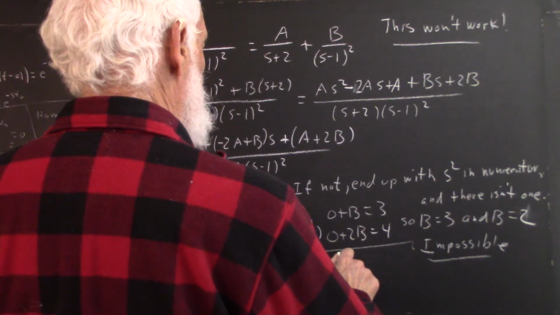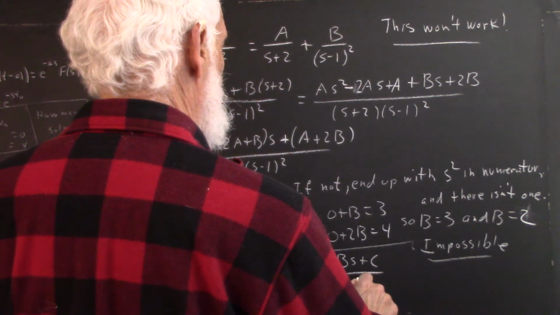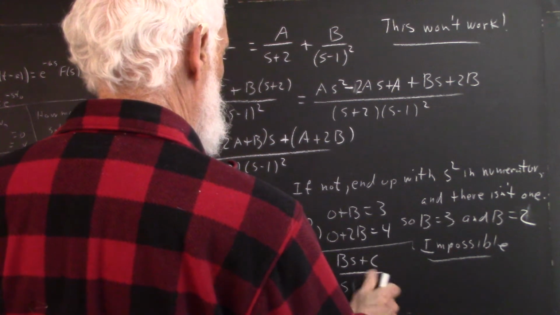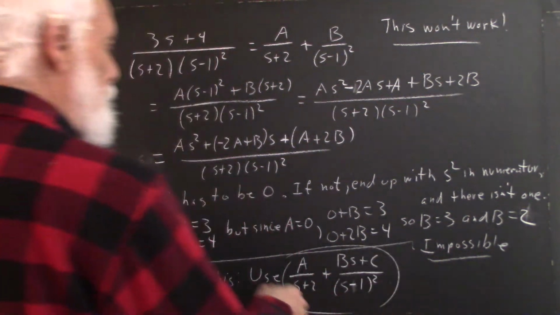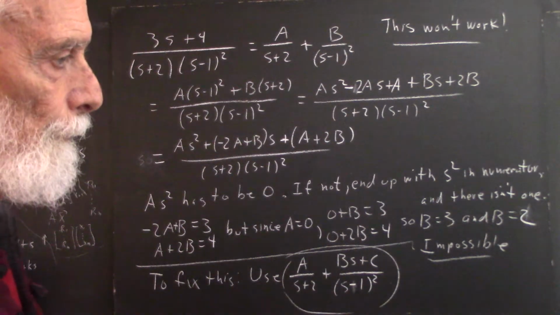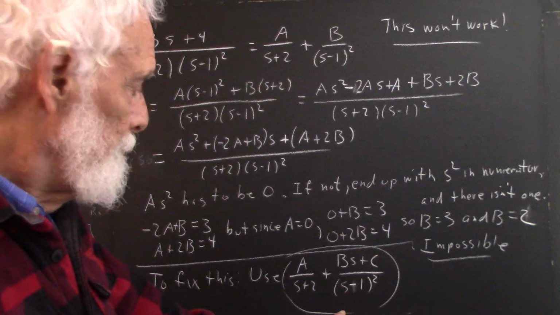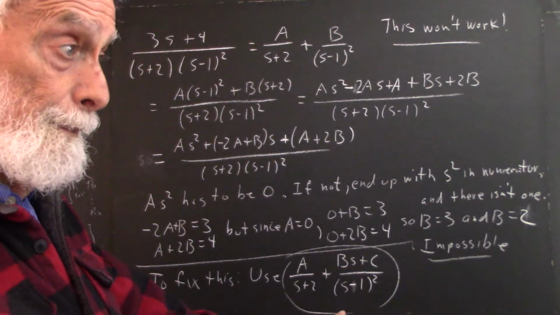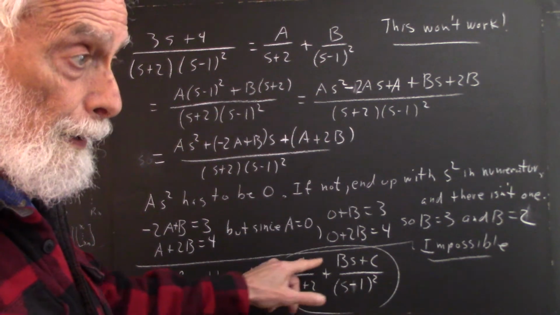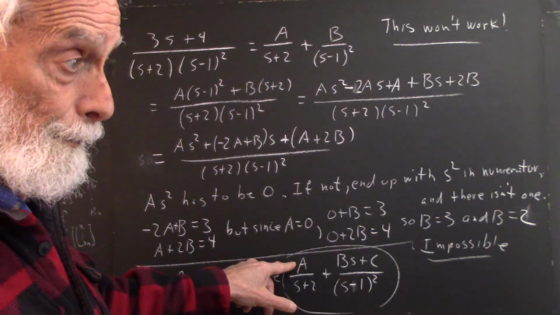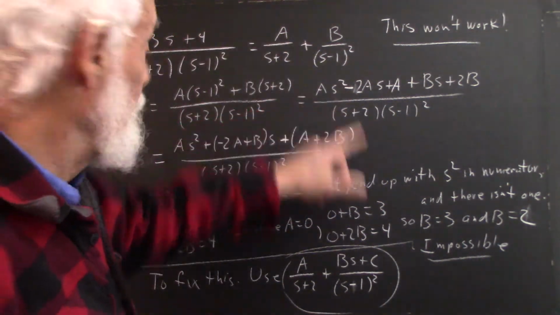But then we're going to use a BS plus C over, it says minus 1, S minus 1 squared. Okay? Since the denominator has an S squared in it, we're going to get an S squared when we multiply numerator and denominator over here. Okay? Because that's what happened over here. We got that S squared, and that's what messed things up.